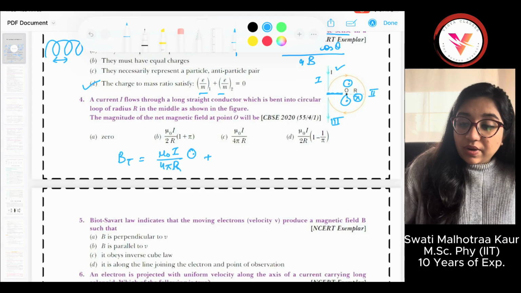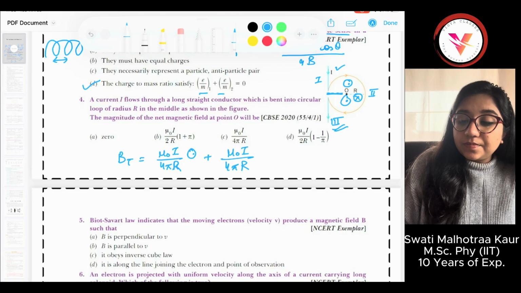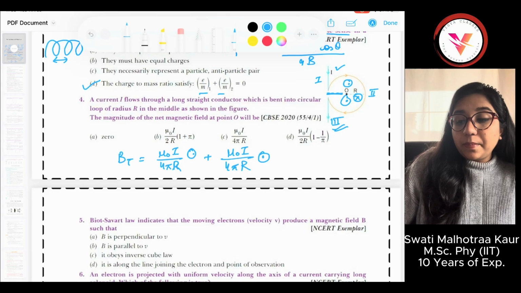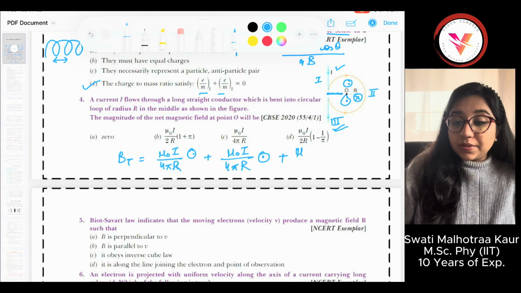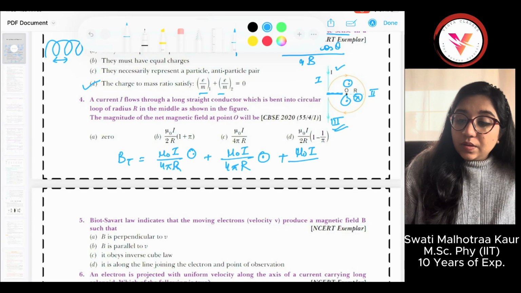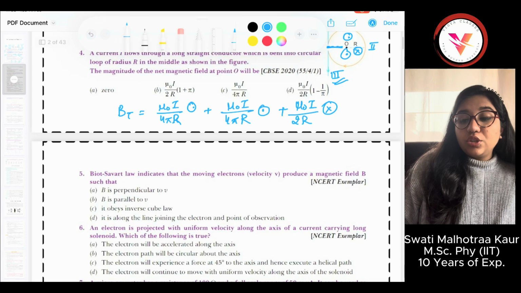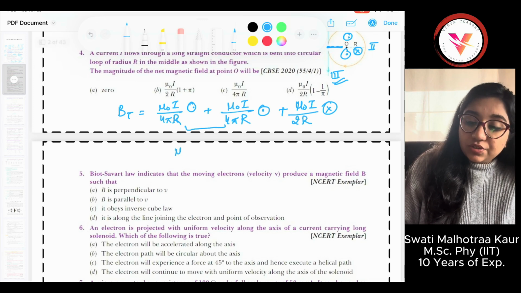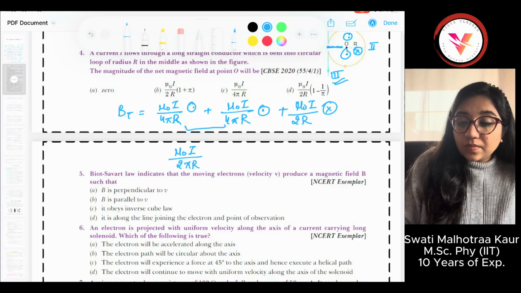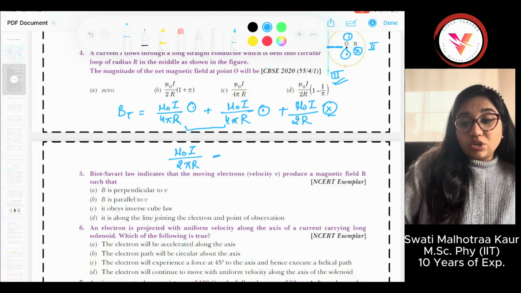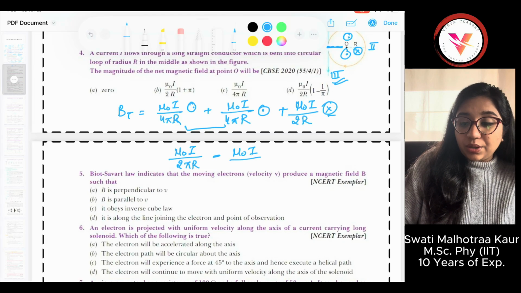For the third wire, this one, third part, it is again mu naught I over 4 pi R. This plus, due to the circular wire, it is mu naught I by 2R, and it is cross. So we can add these two terms, which gives me mu naught I over 2 pi R, and this would be minus because of the cross sign. Let's take only the magnitude.